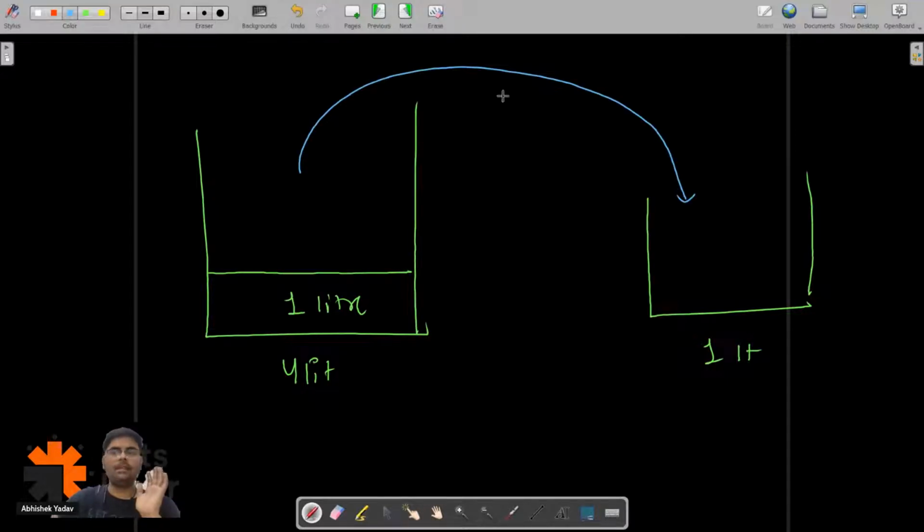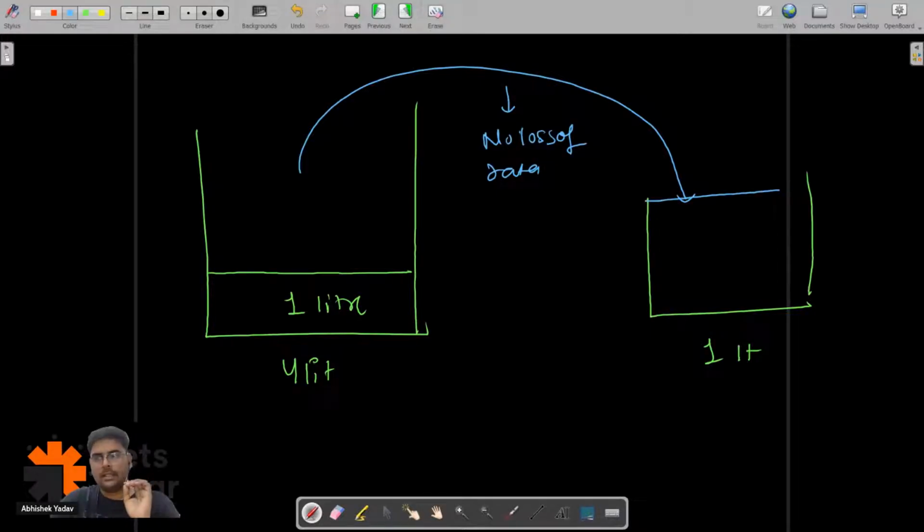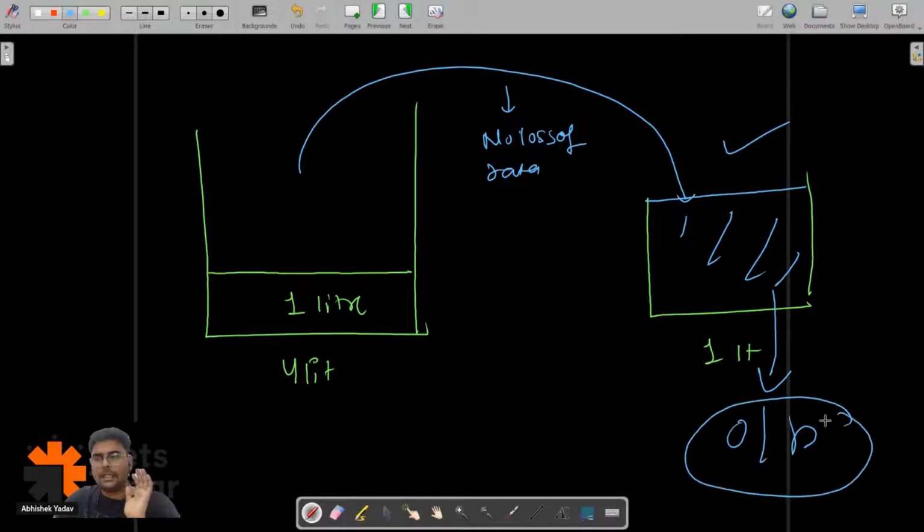What will happen? There is no loss of data. And since there is no loss of data, the information will be stored here, and if I try to print the data of this container, I will get the correct output.